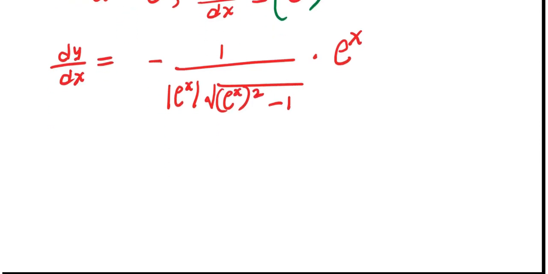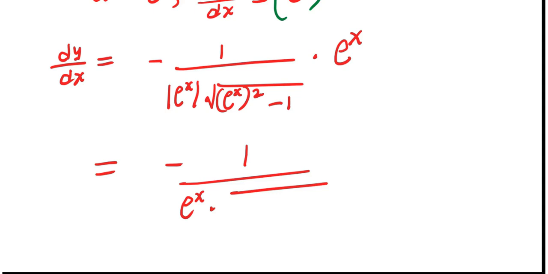Good. So now the absolute value of e to the power of x is the same as e to the power of x, times the square root of e to the power of x squared, which is the same as e to the power of 2x, minus 1, times e to the power of x.